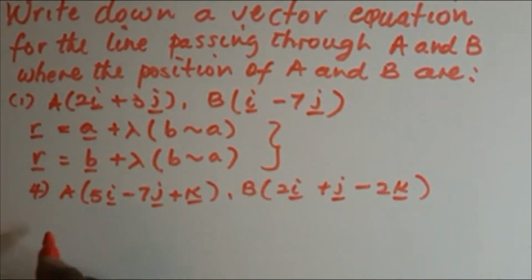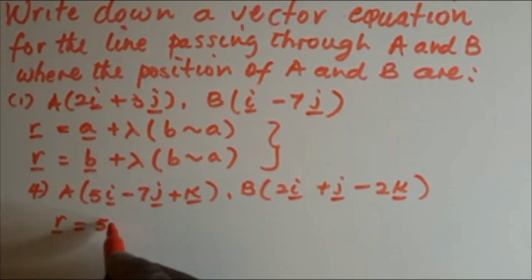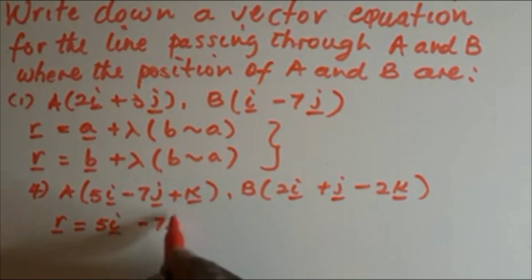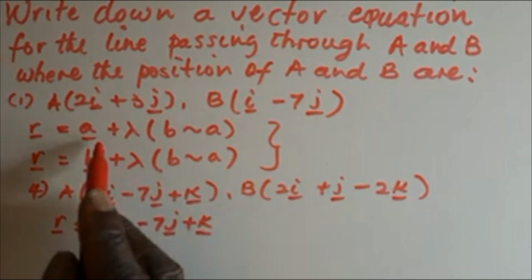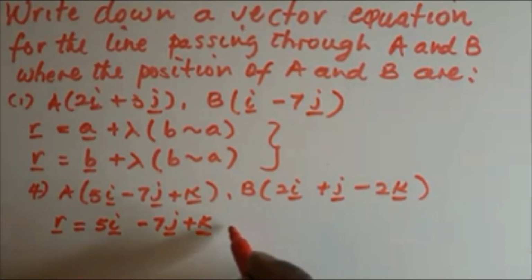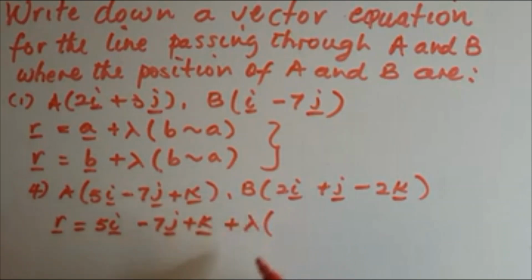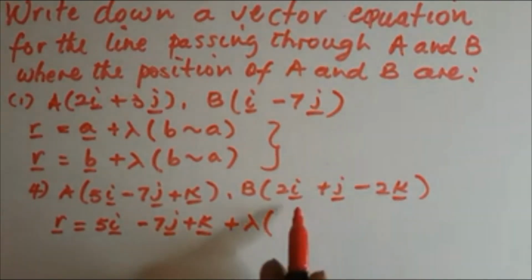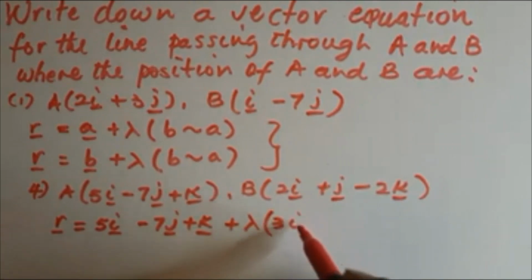Oh, this one is a 3-dimensional vector. It's i, j, and k. And r, again, we can write down 5i - 7j and k. So we're using the first formula with the position vector a, and I'll let you determine whether this is a minus b or b minus a.